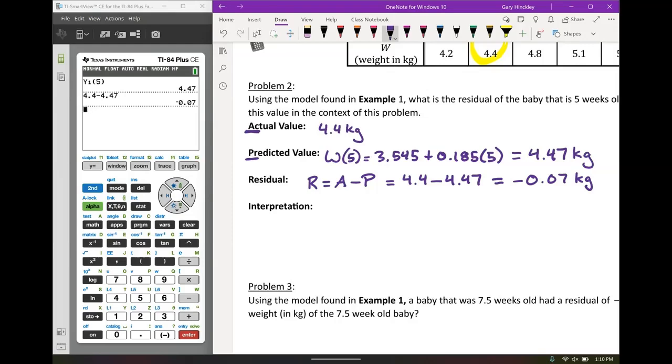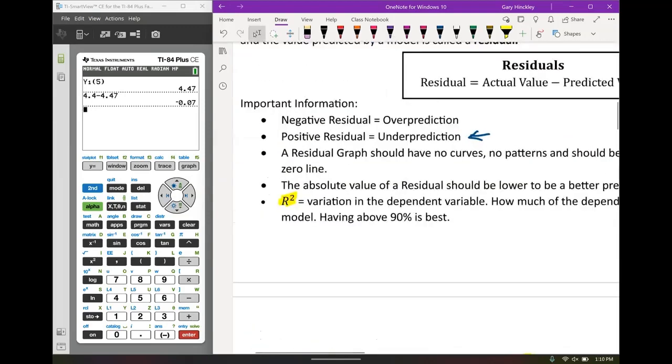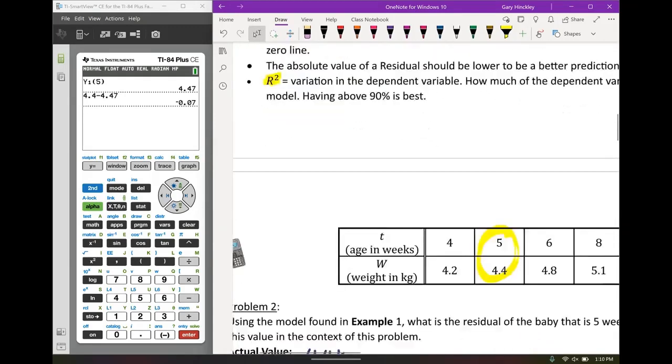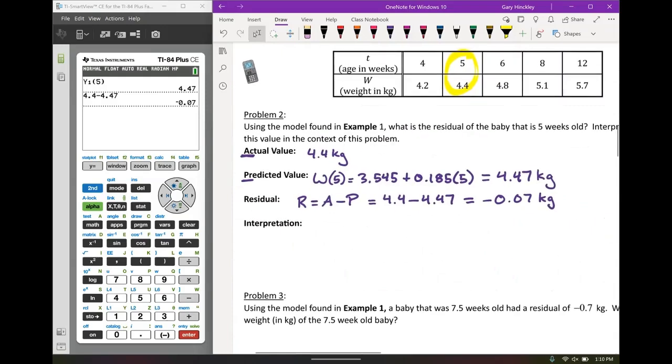Now, what is the interpretation? So going back to the previous page, what did I say about a negative residual? An overprediction, which, if we look at those values, makes sense. I have 4.47, which is bigger than 4.4, so that would definitely be an overprediction.